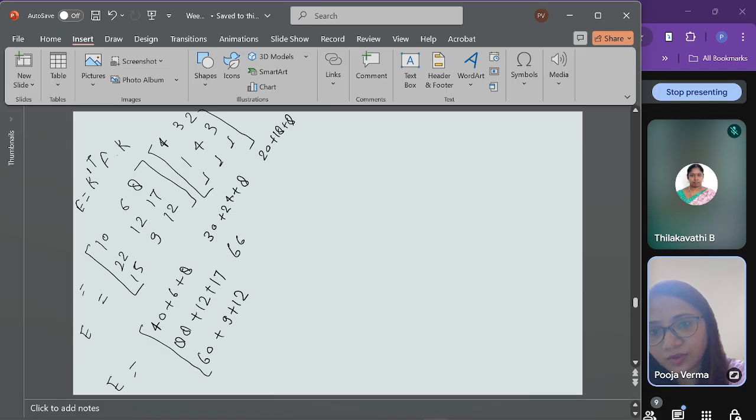Here you will get 66, 22 plus 48 plus 17. Now here you will get 45 plus 36 plus 12. Right. Now, sorry, 44 plus 36 plus 17. Then 30 plus 27 plus 12.